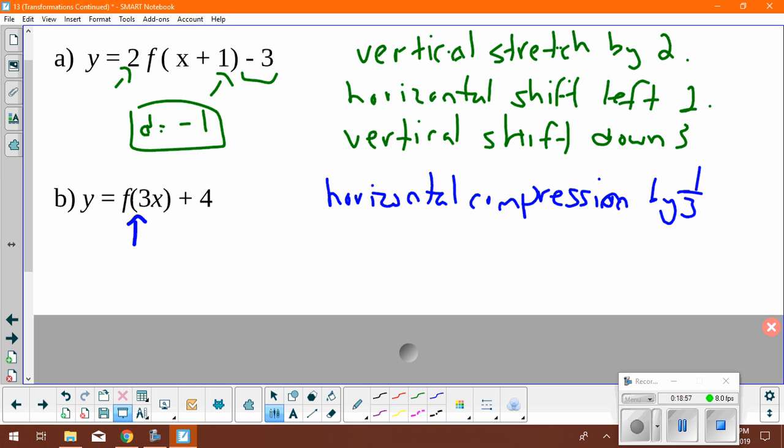It is 1 over the value of b. And then plus 4, that is a vertical shift up 4.